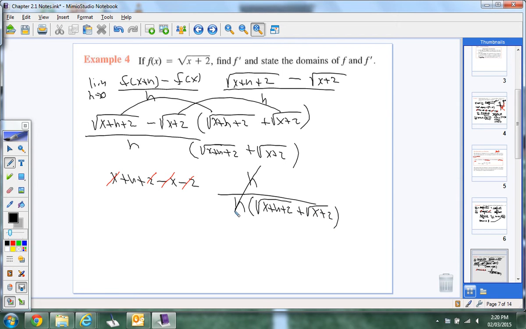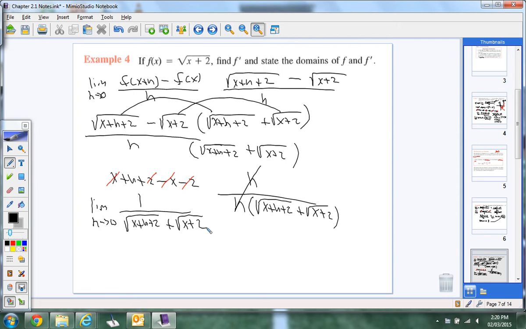So my h's cancel now. Say it again. These two? No, because in order to combine radicals with addition, they have to be the same radicand. So by radical rules, these are different. It's like, you can't add a root 2 plus a root 3, right? So you can't add these together either. Okay, and now we can actually take the limit of it. So it's going to be 1 over square root of x plus h plus 2 plus square root of x plus 2.